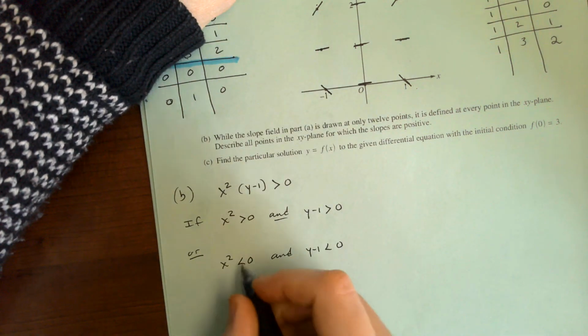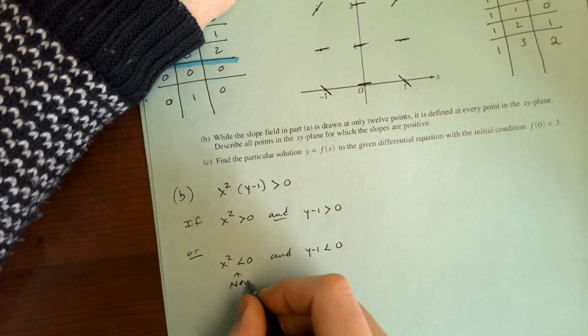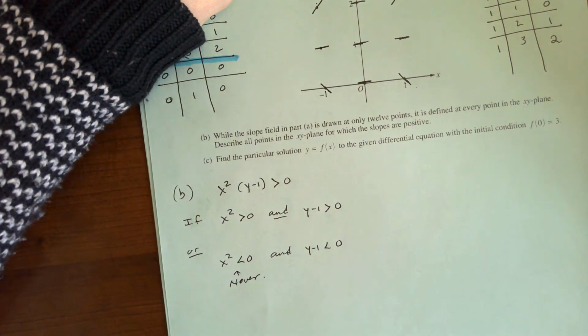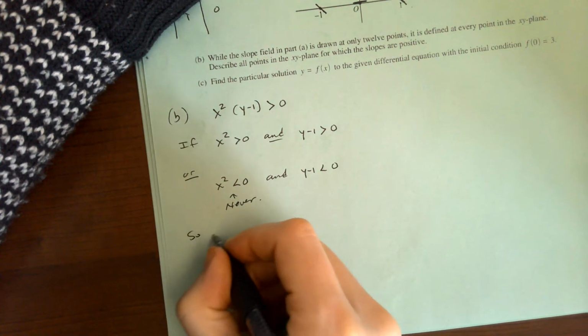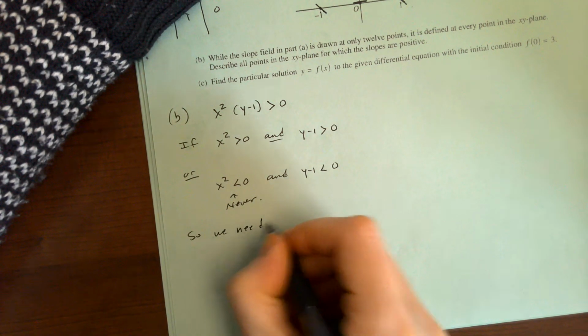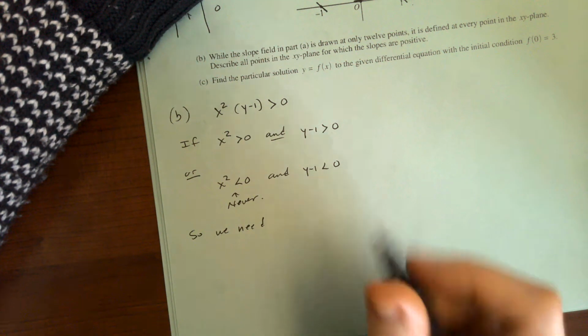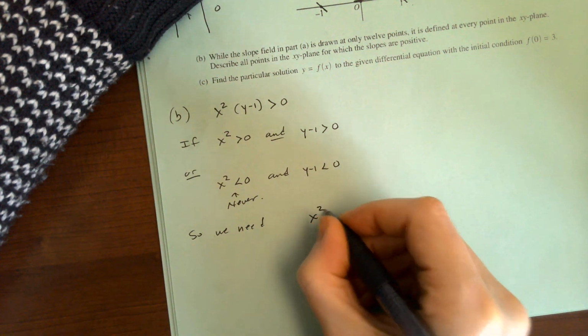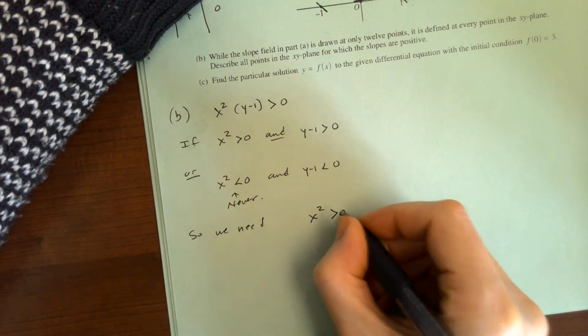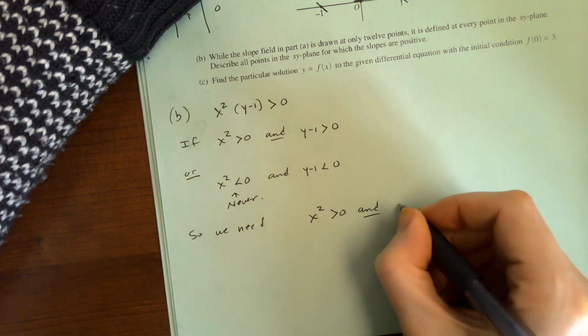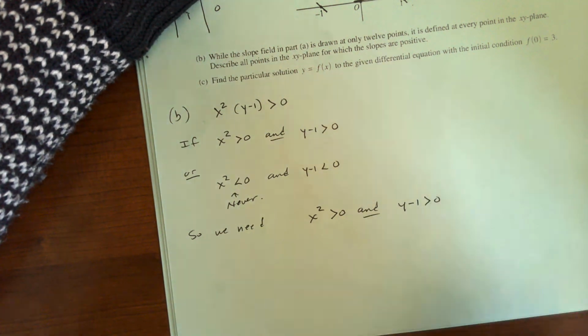Guys, x squared less than 0 will never happen. So we need x squared greater than 0 and y minus 1 greater than 0.